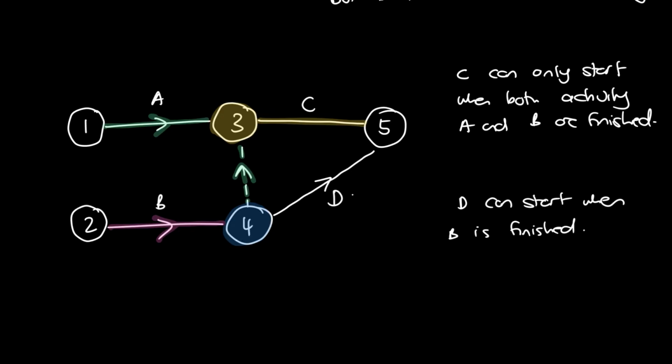So because the dummy activity is going in this direction, we don't have to worry about A for activity D. So for activity D, it's just event 4 must be finished, and event 4 is dependent on activity B. So we only have activity B as a requirement for activity D.